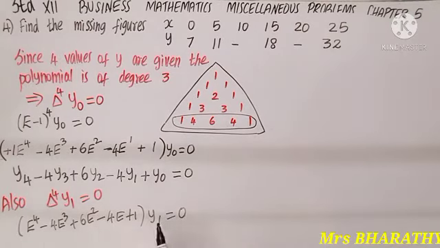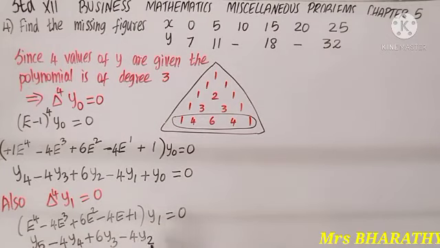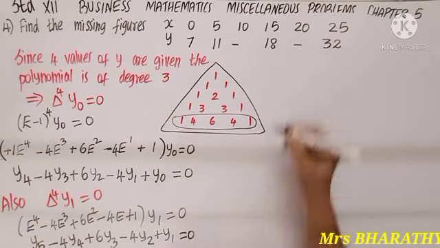As I apply, E power 4 of y1 is 4 plus 1, 5 to remember, y5 minus 4 E cube of y1, y4, E square of y1, y3, E of y1, y2 plus 1 into y1, y1 equal to 0.